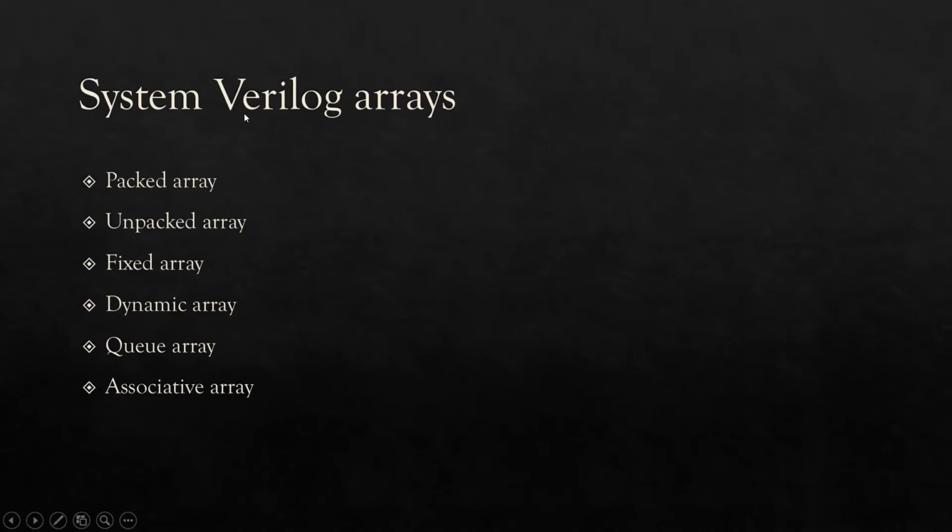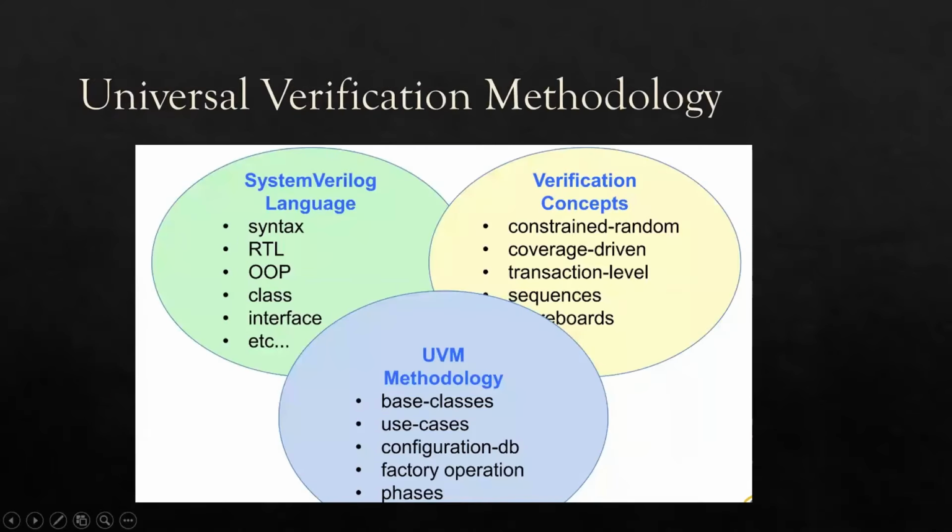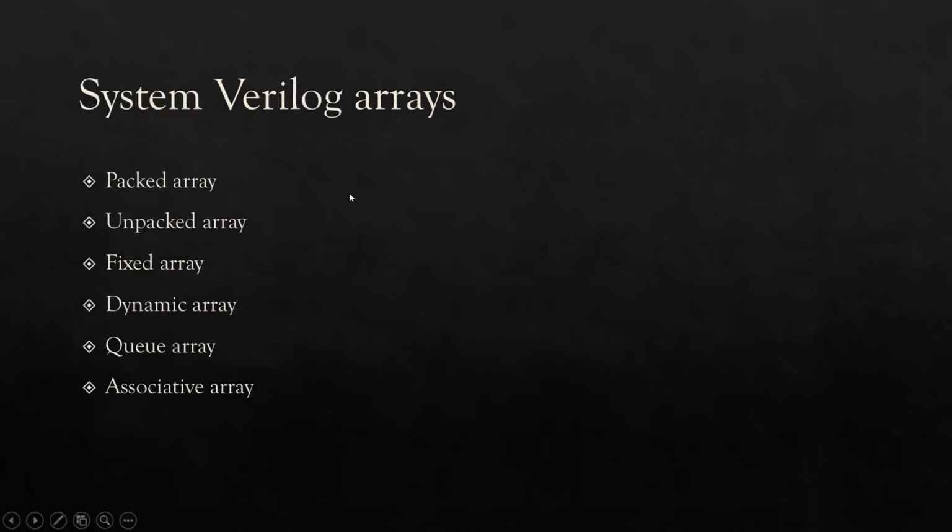If you compare with Verilog, in Verilog we have only single dimensional array and multi-dimensional array. So we have various features, various data types, various arrays. Up to this is the discussion of SystemVerilog: what is SystemVerilog, what is verification, how verification happens, SystemVerilog data types, and SystemVerilog arrays.